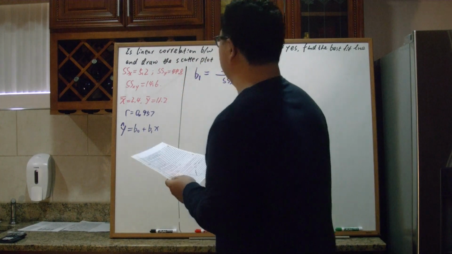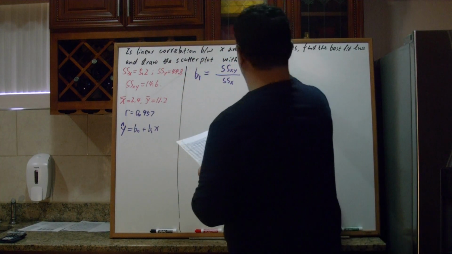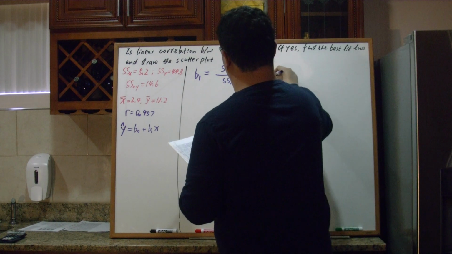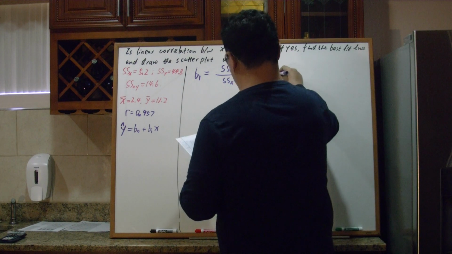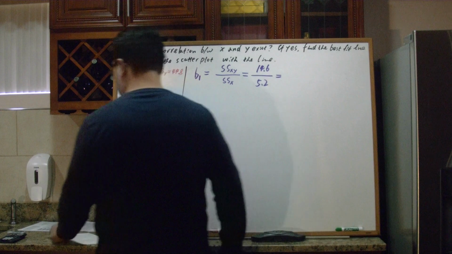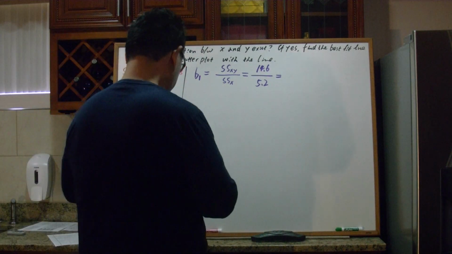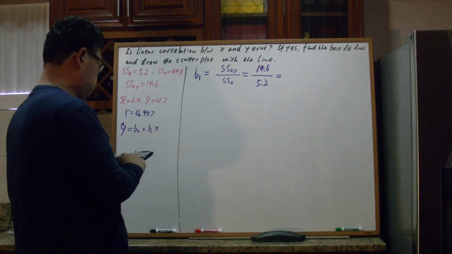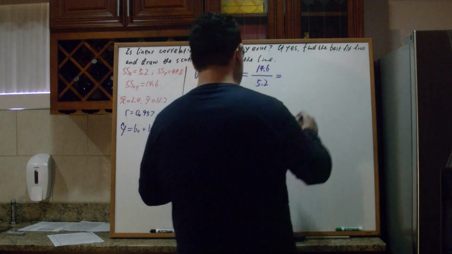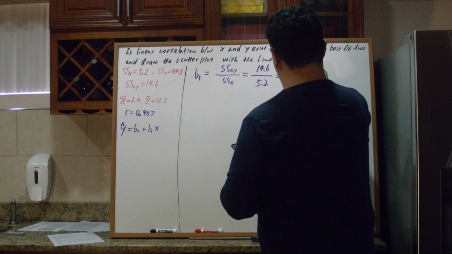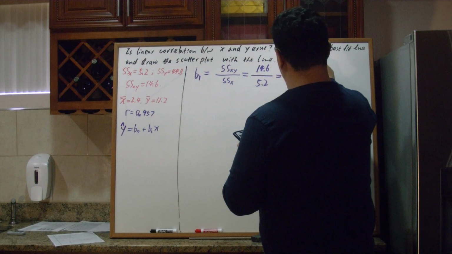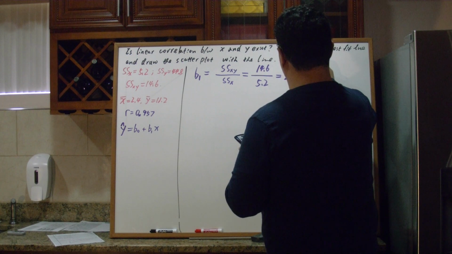Right, the b1 is SSXY over SSX. That's 14.6 divided by 5.2. That's about 2.8077, and so on.